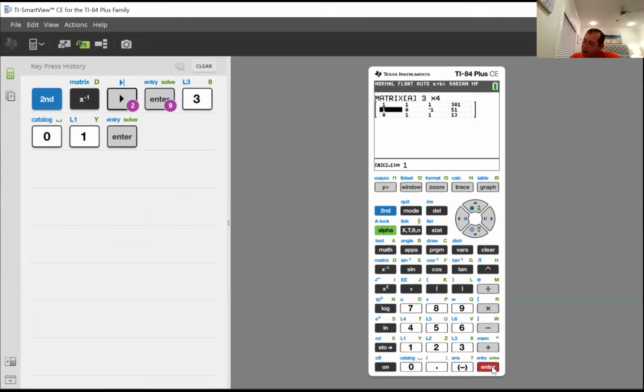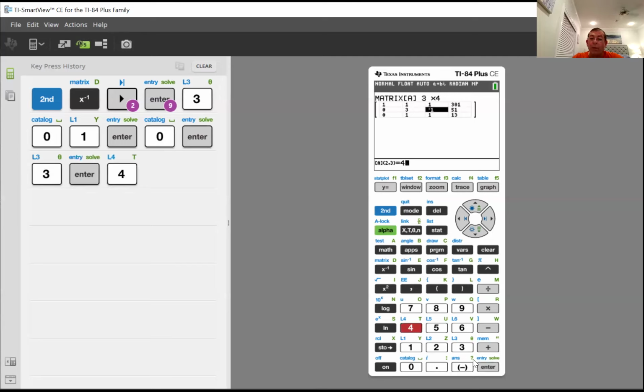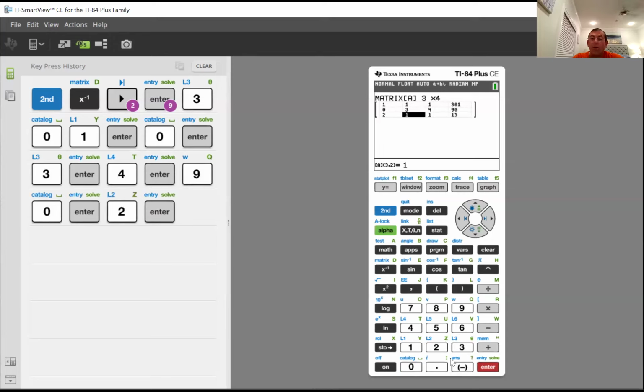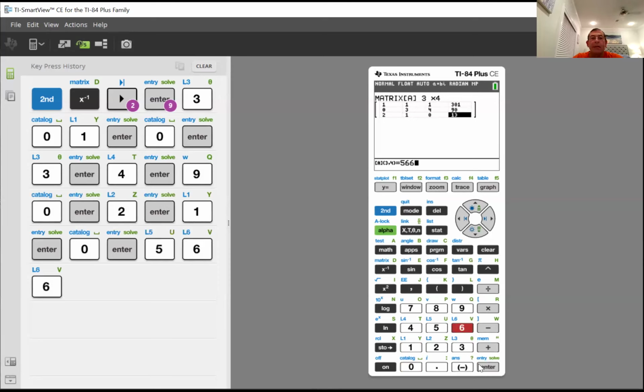And enter. All right, next row I had 0 enter, 3 enter, 4 enter for the 4 pizza, and that equaled 90, we said. All right, y'all, last row was 2 eggs, 1 cupcake, 0 pizza, and that equaled 566. Enter. All right, who's got me an answer?